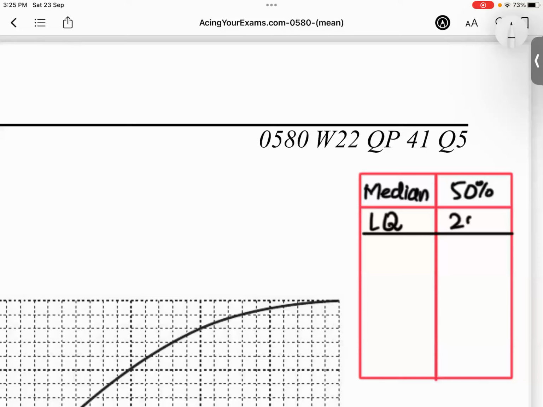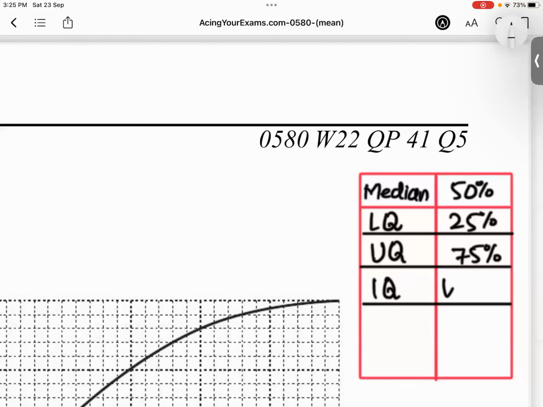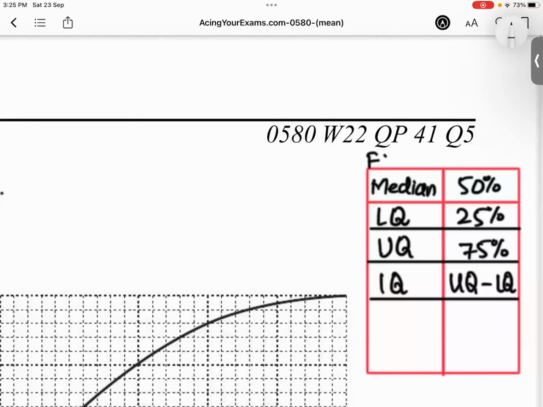Lower quartile is 25%. Upper quartile is 75%. And interquartile range is upper quartile minus lower quartile. These four facts are very much important.